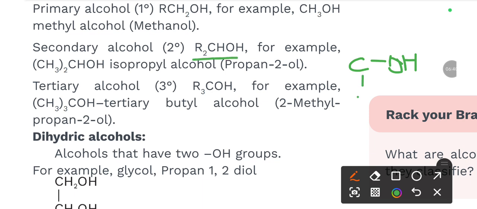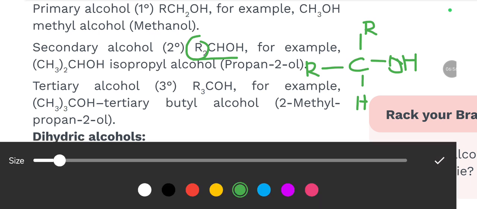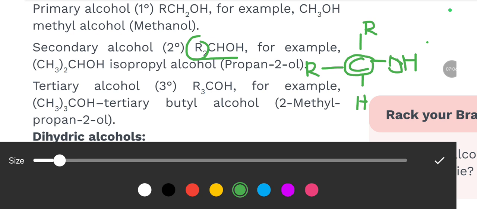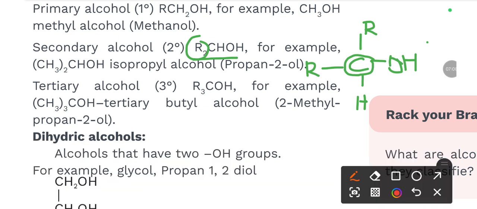One hydrogen is attached. Two alkyl groups are attached, meaning R and R. These two are attached to the central carbon. Which one is the central carbon? This is the central carbon.